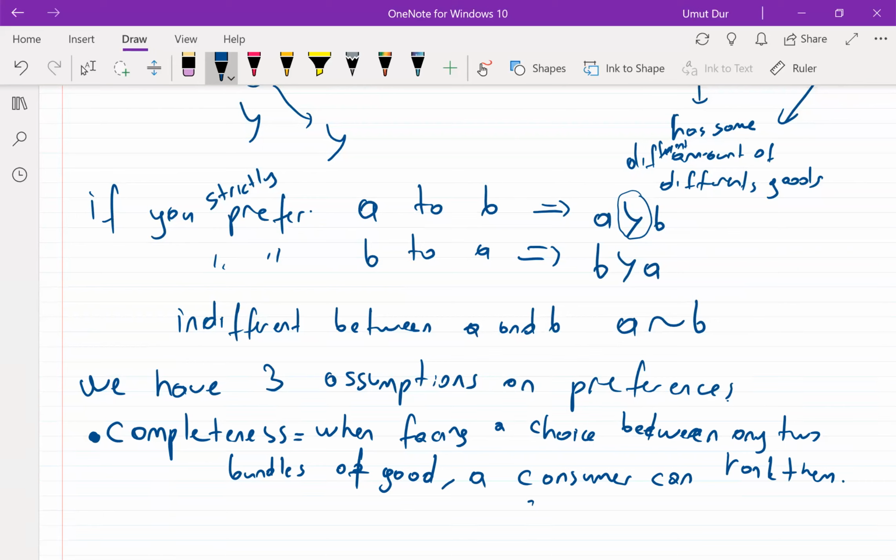So either one of them is preferred or indifferent.